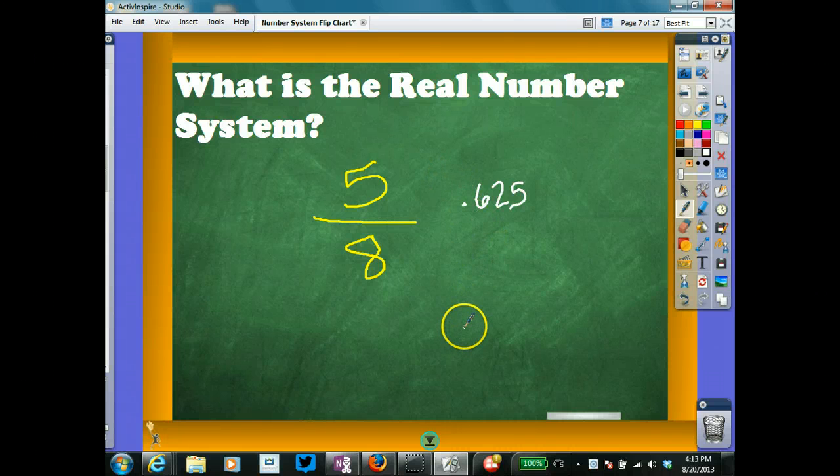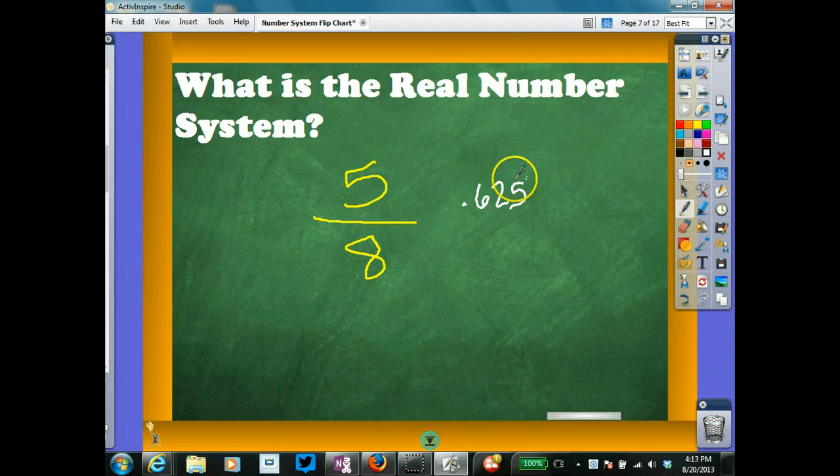Alright, as you've written it down, if you notice the characteristics of it, okay, it's a decimal, so that tells you it can't be natural, can't be whole, can't be an integer, so that must mean it can only be either rational or irrational. Well, let's look at the characteristics. Irrational numbers, if they're a decimal, they go on and on and on.